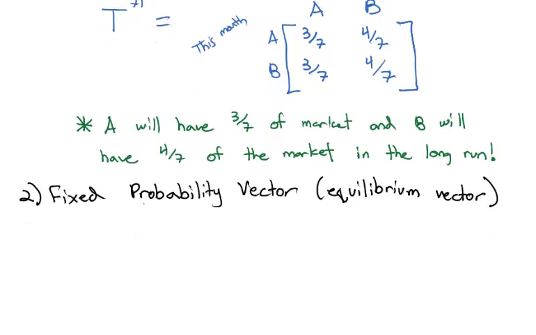If we can find what this equilibrium vector is and multiply it by the transition matrix, we will get the same equilibrium vector back.